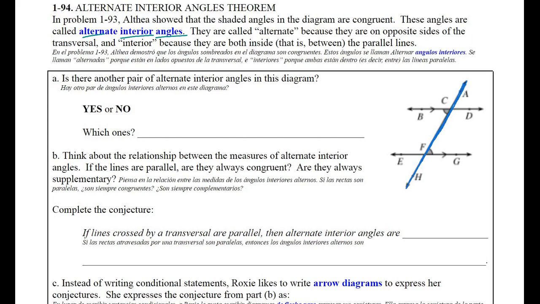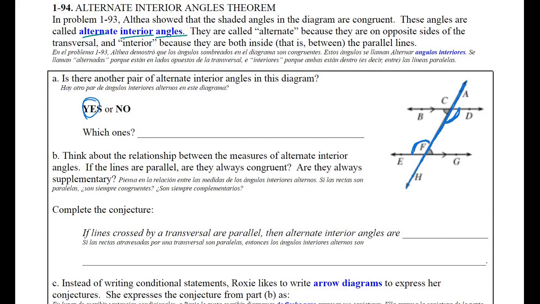Question: is there another pair of alternate interior angles in the diagram? Answer: yes. Right here is where I'll start. I go to the other side to get to alternate, and I stay inside the parallel lines to remain interior.